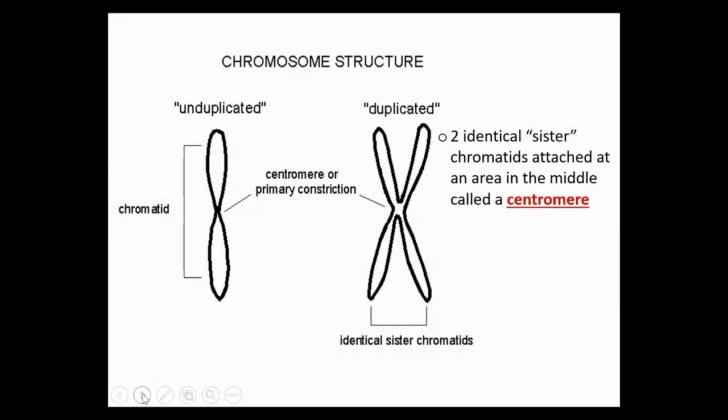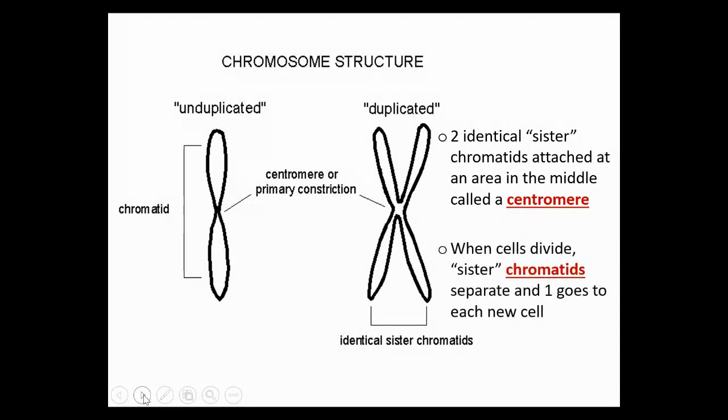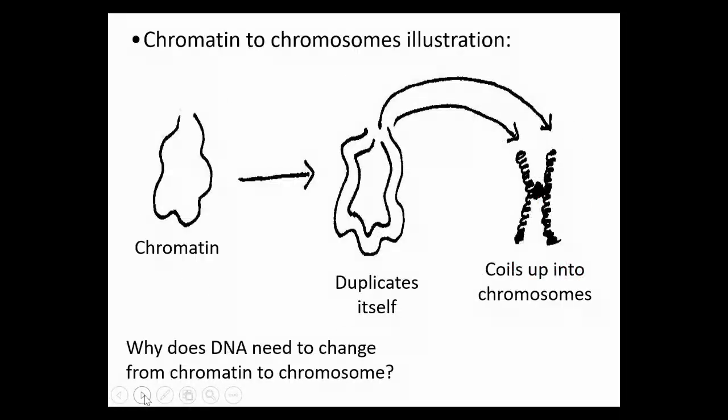The identical sister chromatids attached in the middle, called a centromere. When cells divide, sister chromatids separate, and one of these parts, like this V and this V, each go to the new cell. Okay, so we're not going to worry about that one.